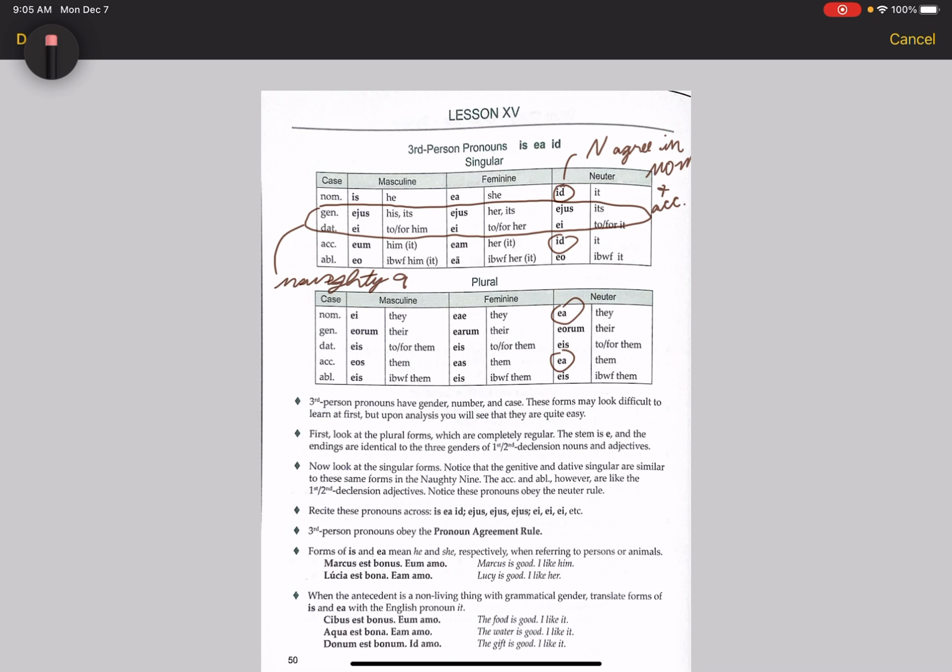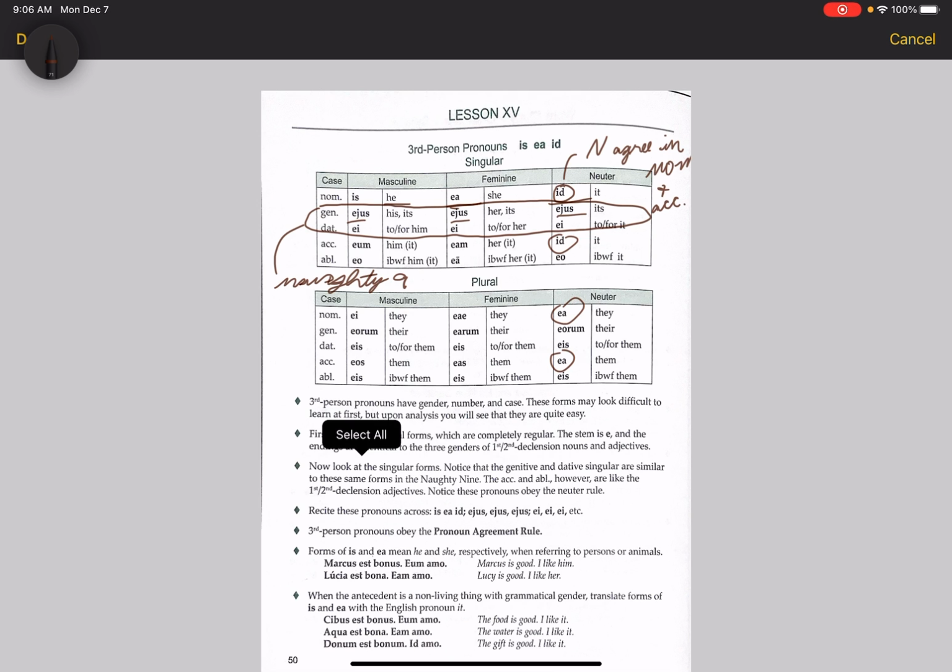Okay, so you want to practice reciting these. There are two ways to recite the pronouns here in the third person. You could go across the top, so you could do masculine, nominative, singular, feminine, then neuter: is, ea, id, eius, eius, eius, ei, ei, ei, eum, eam, id, eo, ea, eo.